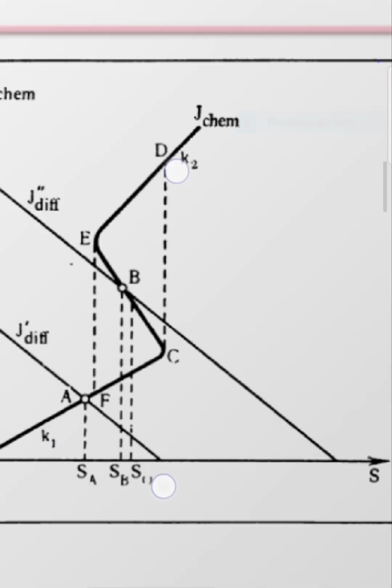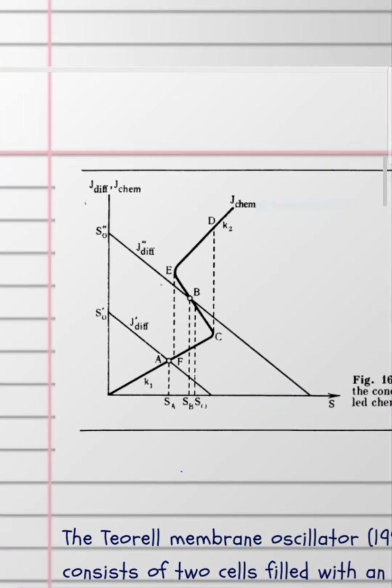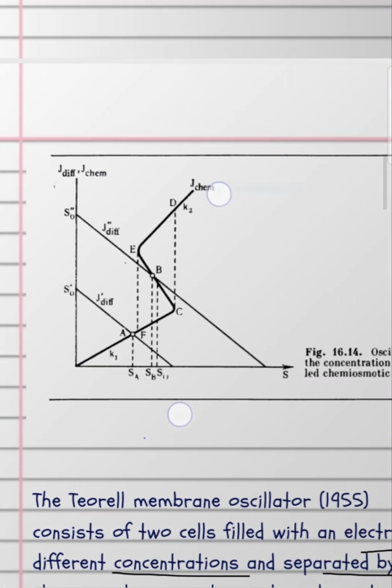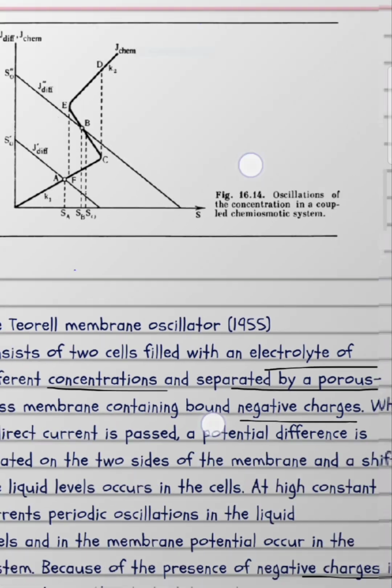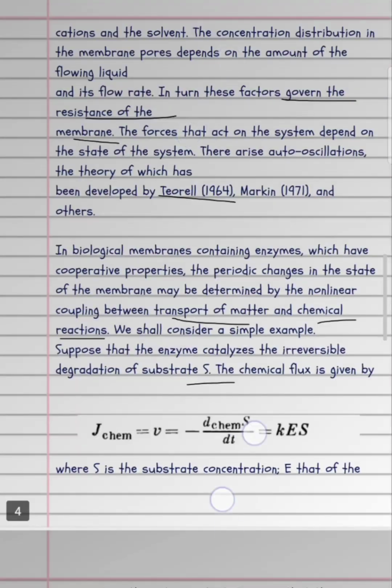This is the point A, where you can see S0, and the substrate concentration is below. Now back to the point.